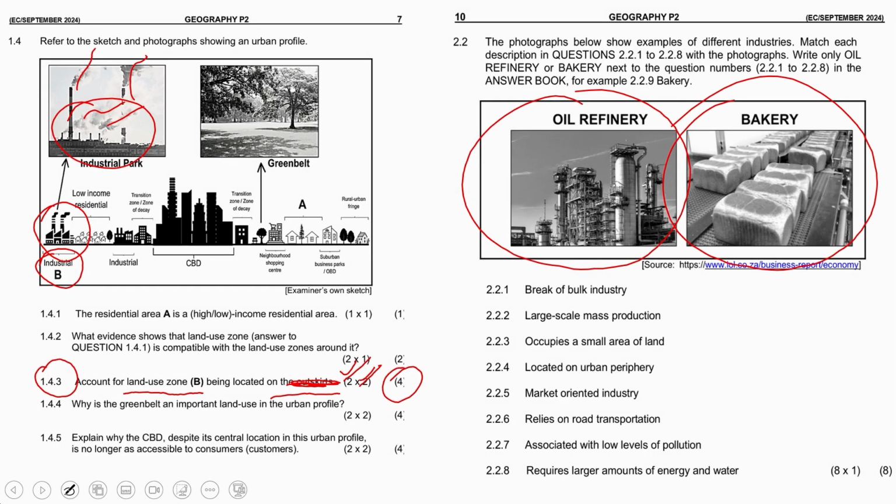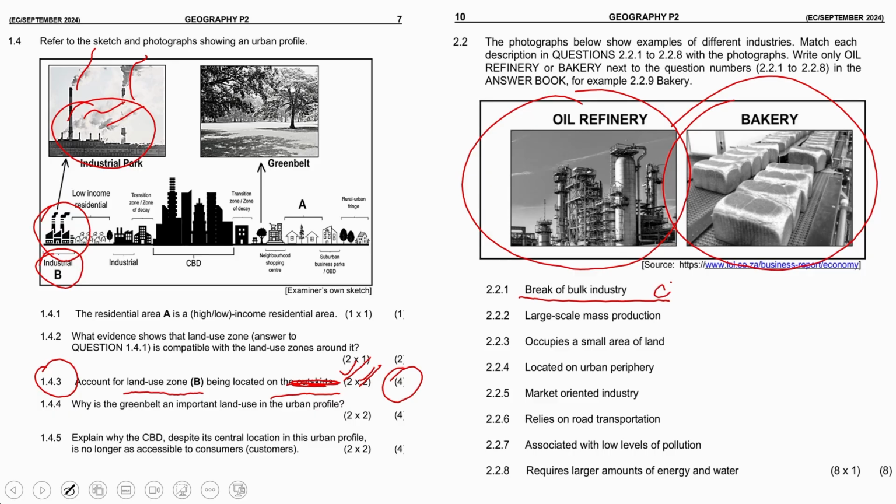Let's move on to the next one, okay? And here you have, from the same question paper, 2 images, an oil refinery and a bakery. And you are asked to work through 221 to 228. Break of bulk industry, and I've dealt with that, where the oil comes in shipments, is processed, broken down, and then transported in smaller quantities to the market.